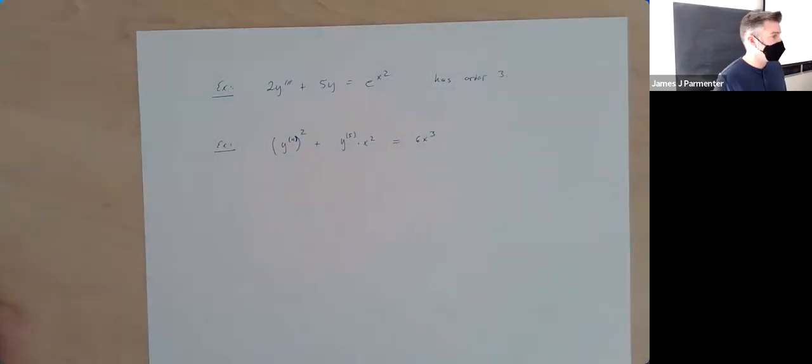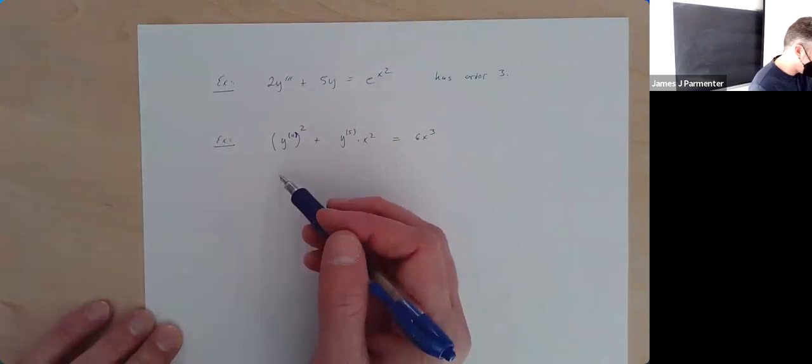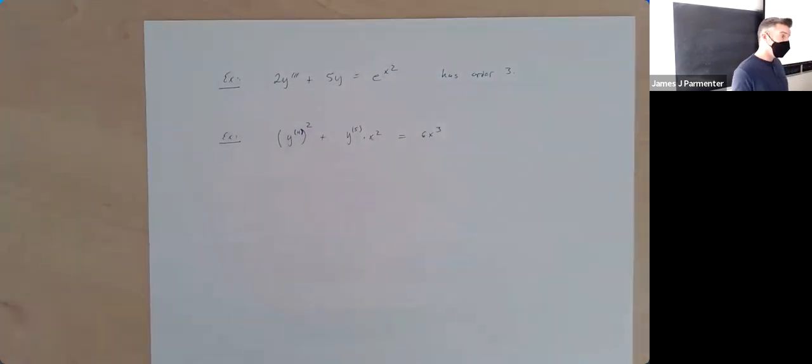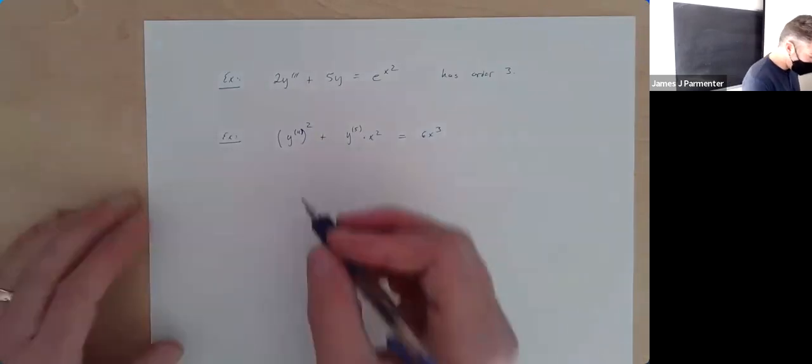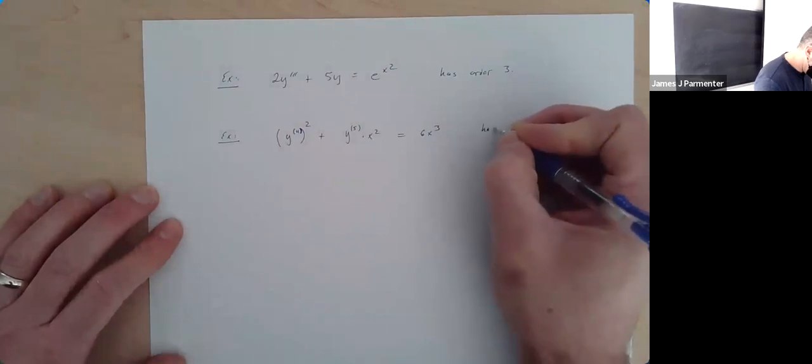What order is this? It is fifth, because squaring the fourth derivative doesn't change the derivative you've taken. A square or a cube or whatever of a derivative doesn't change its order at all. This is still a fourth order term, this is still a fifth order term, so this has fifth order.